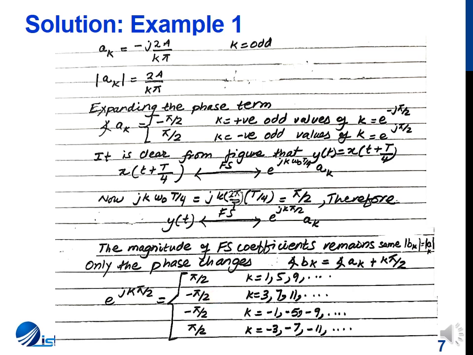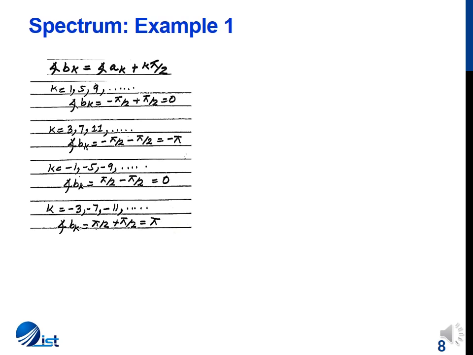So if we solve it, the phase of b of k is equal to the phase of a of k plus kπ/2, and the phase of a of k is minus π/2 for even values of k and plus π/2 for odd values of k. Similarly, on the previous slide, we have seen 4 instances for the values of kπ/2.